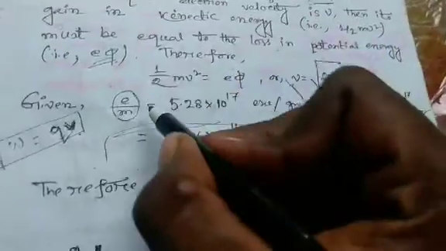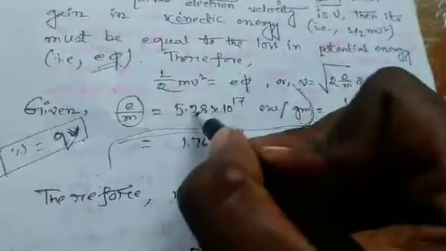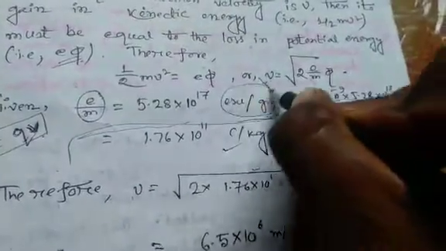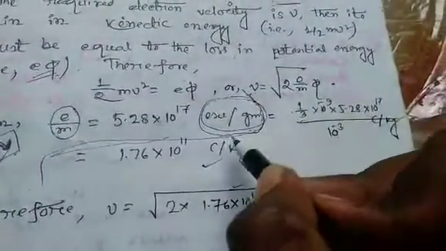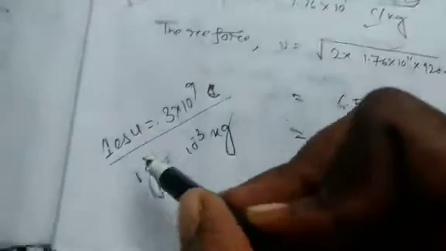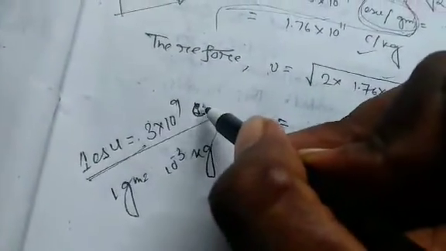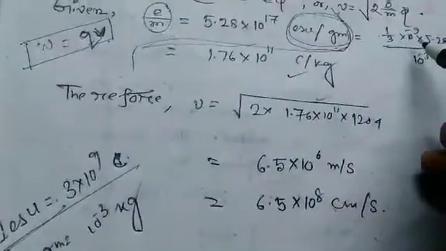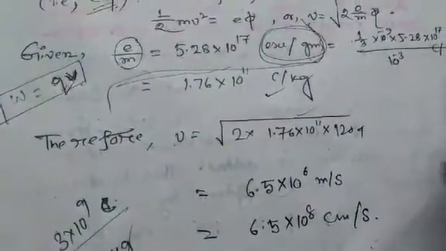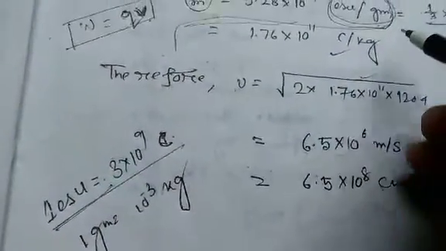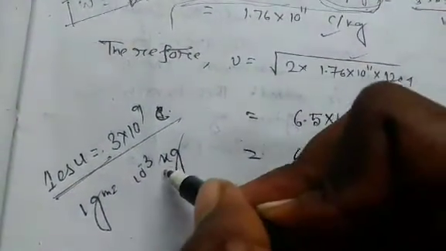So now e by m is 5.28 into 10 to the power 17 ESU per gram. We change this CGS value to SI value. So we know 1 coulomb equals to 3 into 10 to the power 9 ESU, so 1 ESU equals to 1/3 into 10 to the power minus 9 coulomb, and 1 gram equals to 10 to the minus 3 kg.